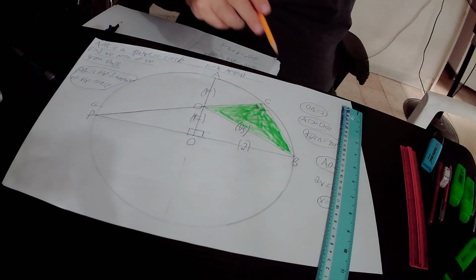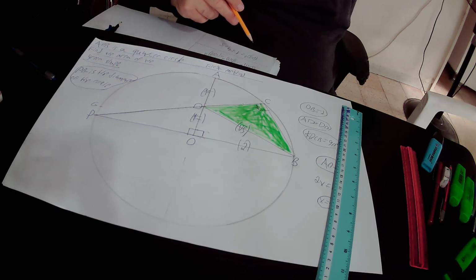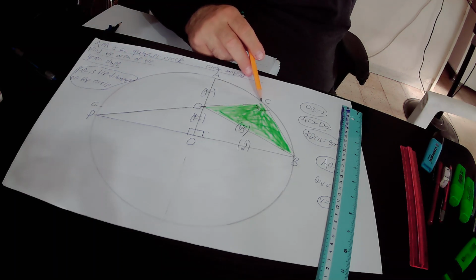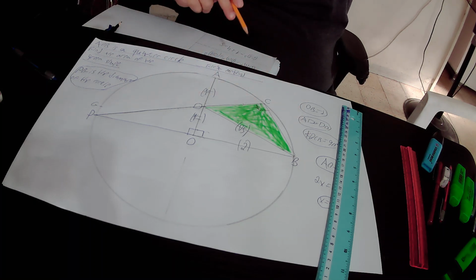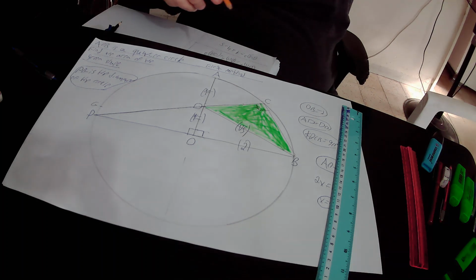Now we have peripheral angle BCP that is equal to 90 degrees in size, and it is subtended on BP, which is the diameter of the circle, exactly according to rule 5.